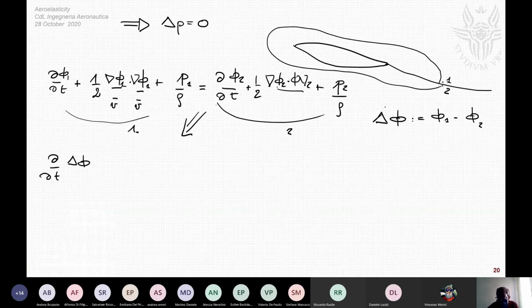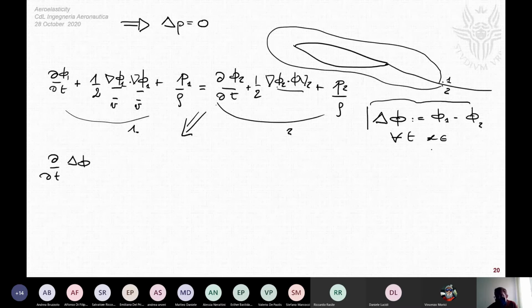Note that this delta phi quantity is defined at any time for x in the wake set, in the points of the wake, S wake.